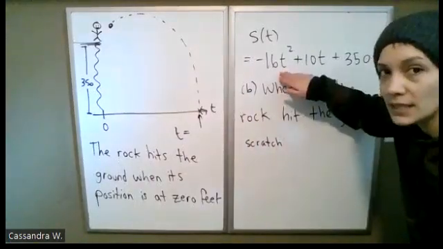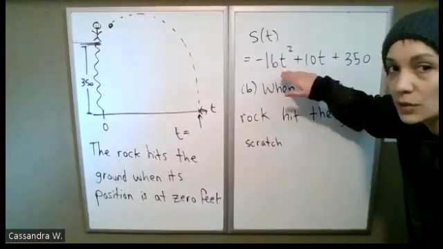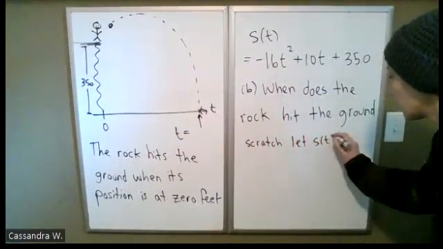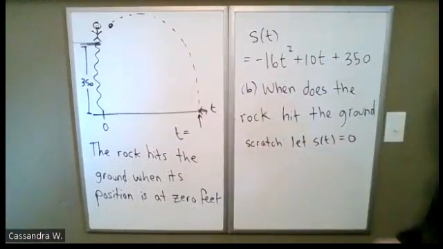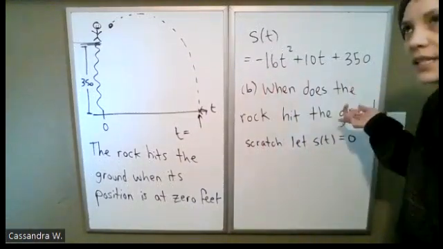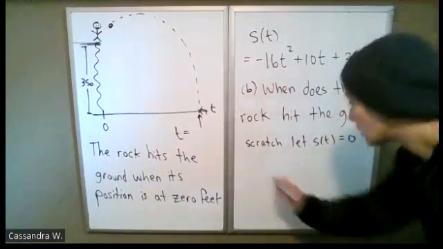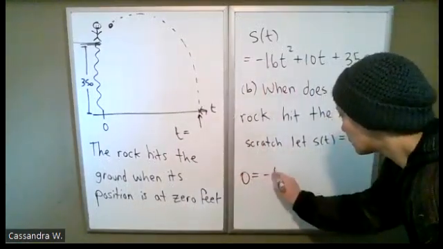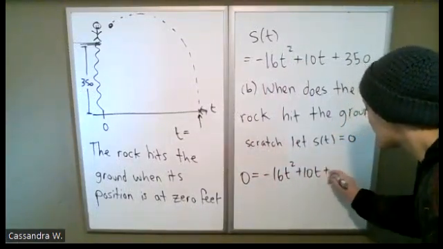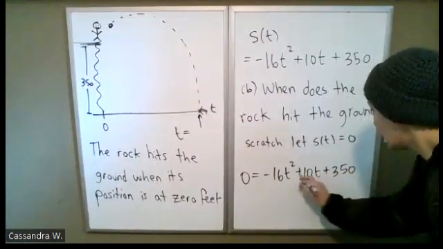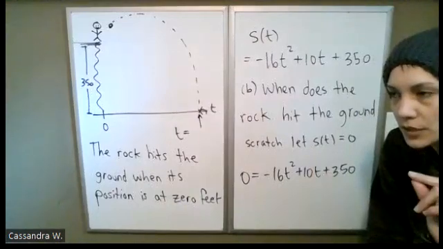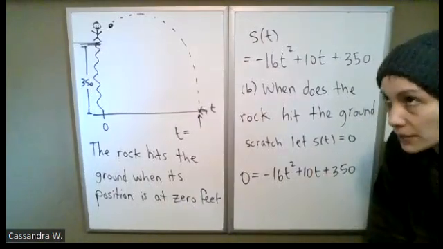Okay, by setting this S of t, the position function, equal to 0: 0 equal to negative 16t squared plus 10t plus 350. Use the quadratic equation to get two values of t.